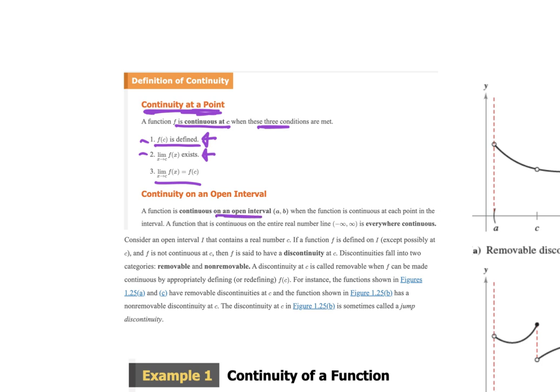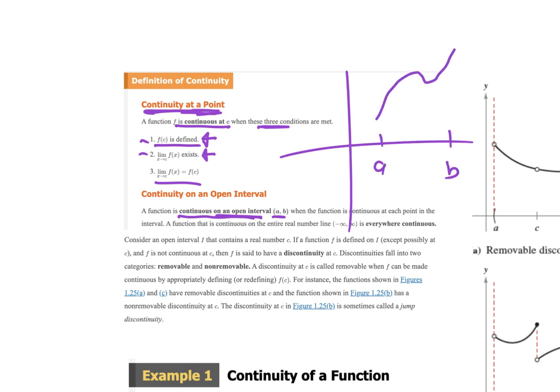So that's just at a point. Now, on an open interval, we say that it's continuous on an open interval from a to b. So that's like saying we have the x-axis, here's a, here's b, here's our function, if it's continuous at each point in the interval. And a function that is continuous on the entire real number line is everywhere continuous.